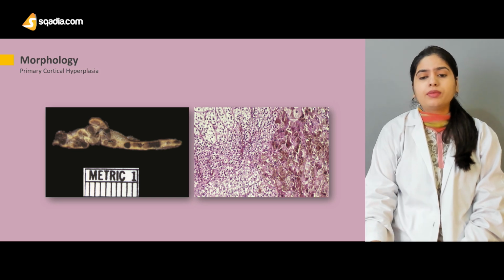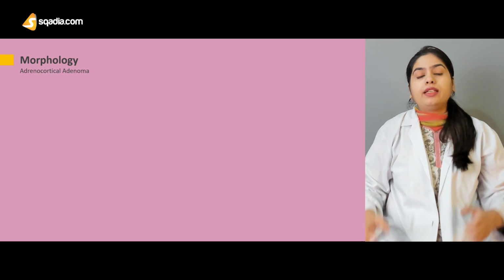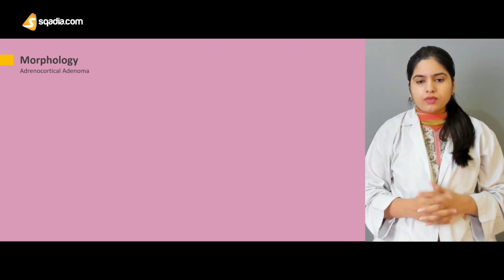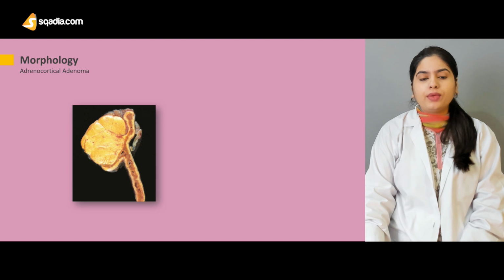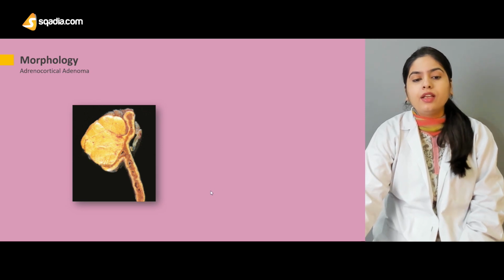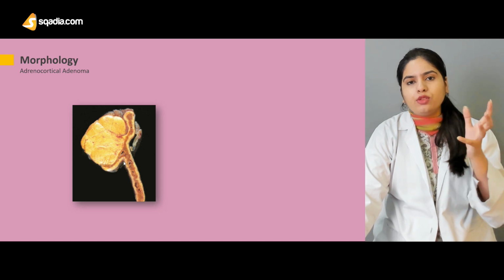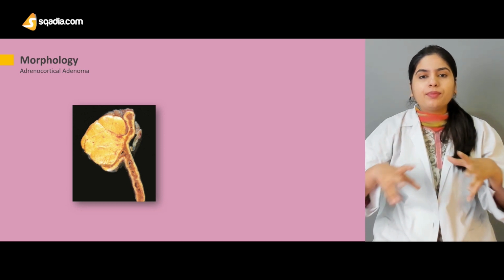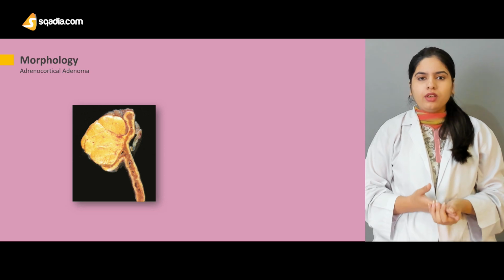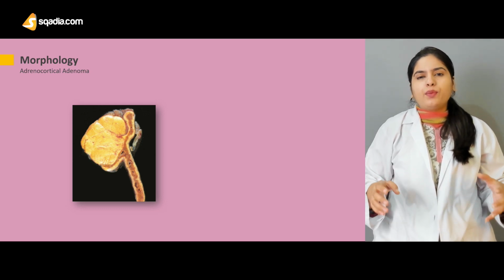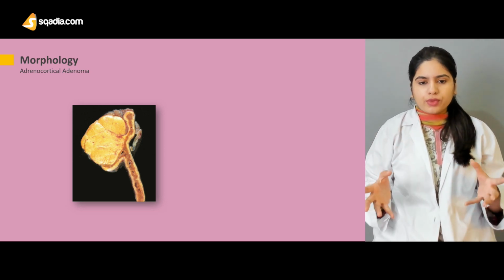Now, the third diagram that I'm going to show you is about adrenocortical adenoma. If you look at this adenomatous condition, you can appreciate that there are not too many nodules. You can appreciate simply a solitary tumor. This is the condition when a giant solitary tumor is formed.